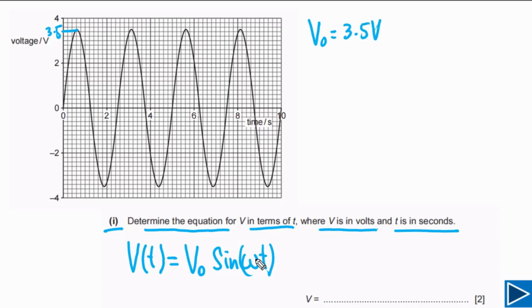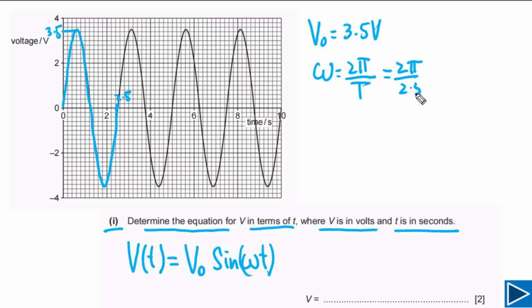Now we need to find the value of omega. Omega is equal to 2 pi over T, and T is the time period. If you look at this sine graph, this is one complete cycle, so we can read the time period from here. The time period in this case is equal to 2.5, so we can replace capital T with 2.5.